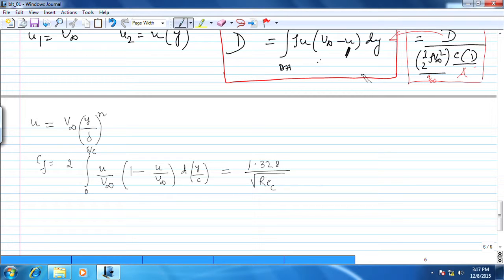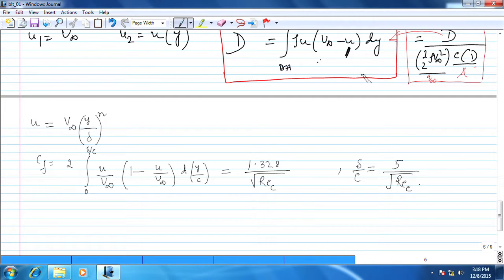So this is equal to that, and also we know that delta by c is something that we've developed earlier, which is 5 by the square root of Re of c. We are going to use this definition as well.